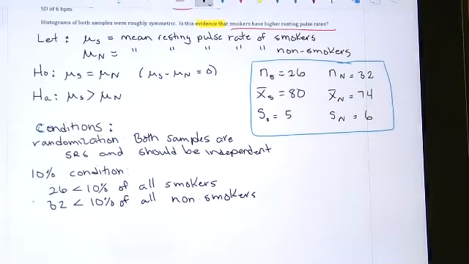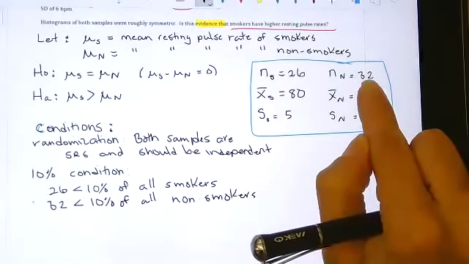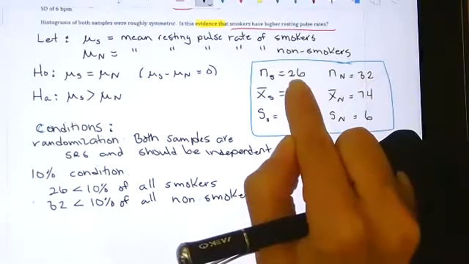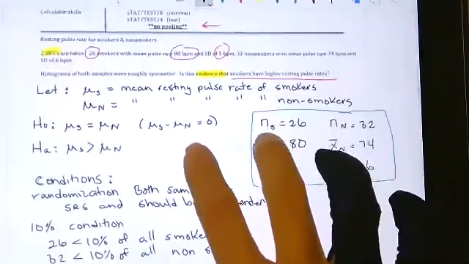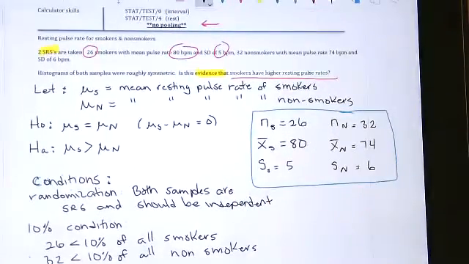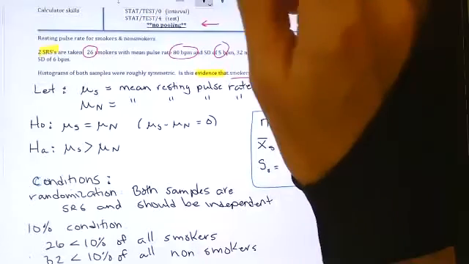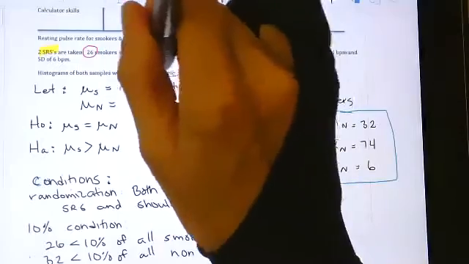Okay, last thing is we need a sample that is large enough. Now that sample is large enough because it's greater than 30. That one is not. However, is there anything in the problem that tells us it's going to be okay? Yeah, Catherine? Yeah, right there.